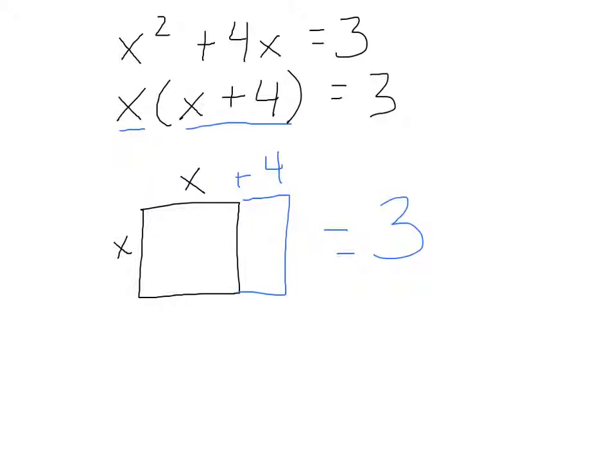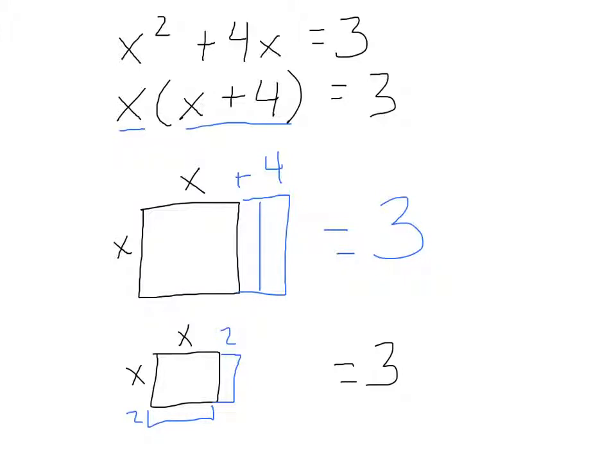What we can do is we can actually take that rectangle and split it in half. So what we have is a new rectangle that is x by x, and then the blue has been split in half so that we have an x by 2, and we'll do the other one that is x by 2 here. And this is all still equal to 3 square units.